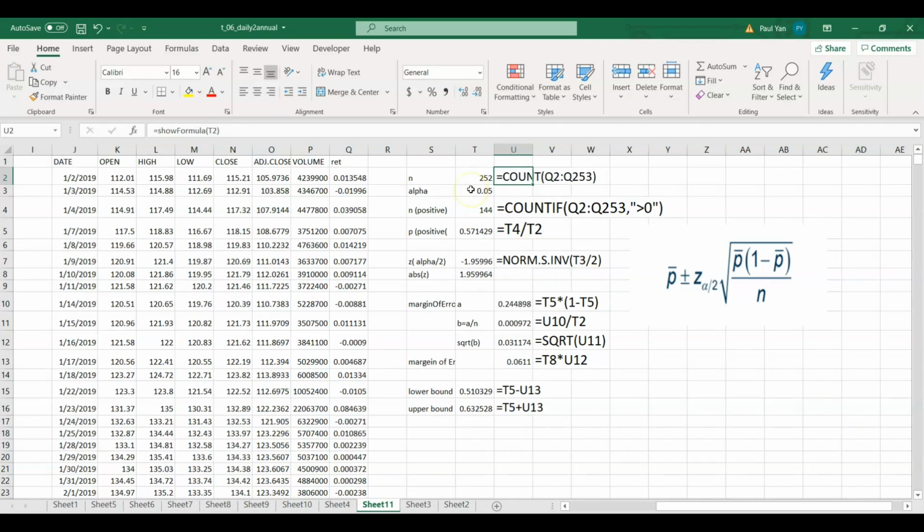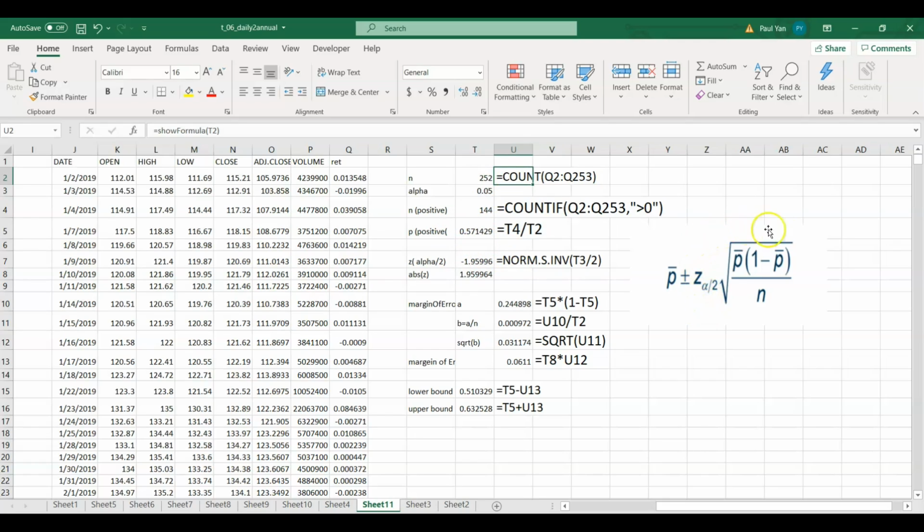Alpha is given as 5%. Then we use COUNTIF to count how many daily returns are positive. We have 144, and 144 divided by 252 gives a proportion of about 57%.